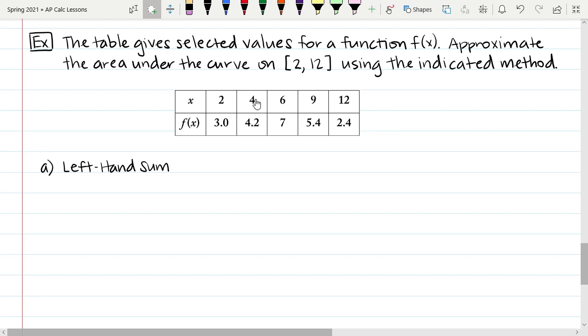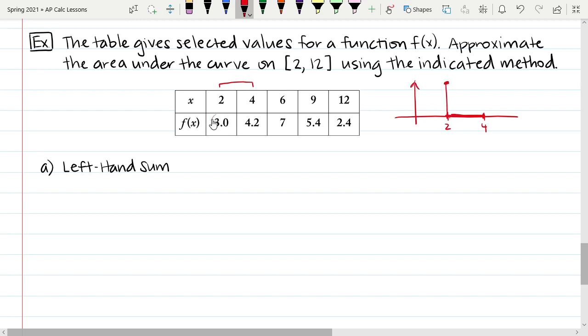So for this table, the first rectangle is going to have to start at 2. Remember, that's like going from my A, and it's going to end at 4. So really, that's what my first rectangle is going to be. It's starting at 2, and that first rectangle has a width that stops at 4. And then remember, for a left-hand sum, the height is determined by the function value at the left endpoint.